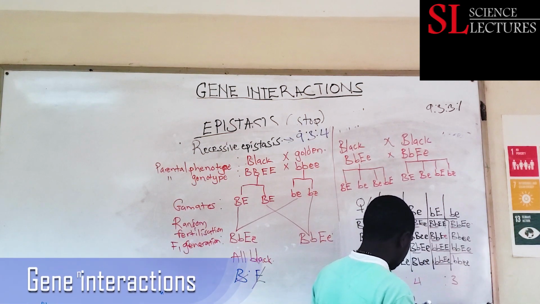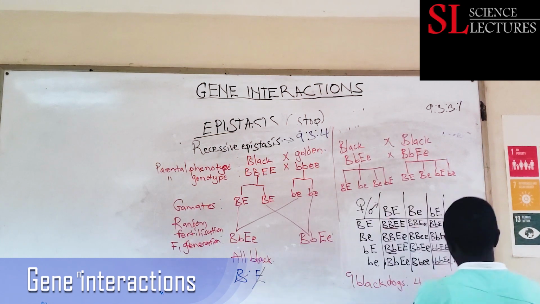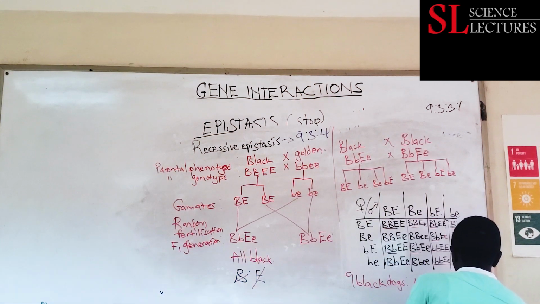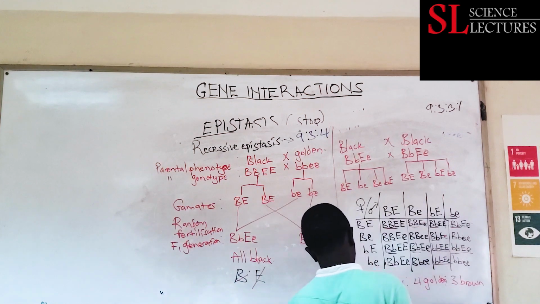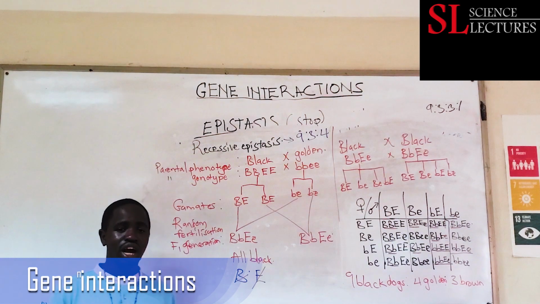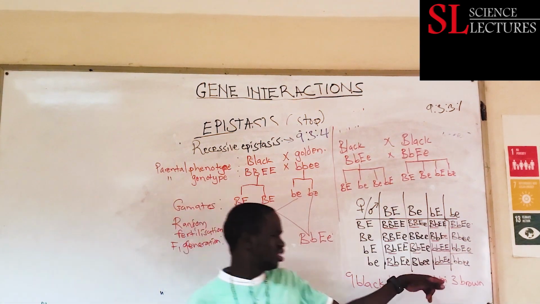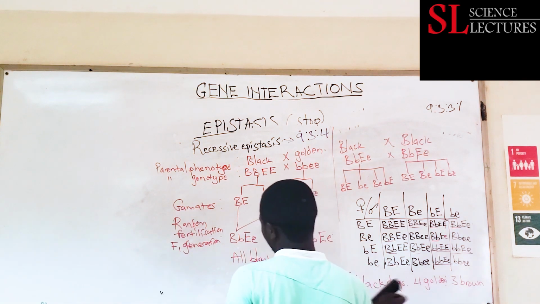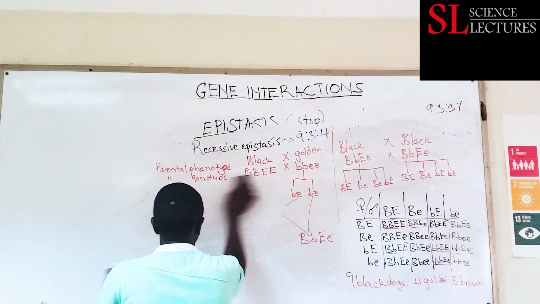So I have 3 brown dogs and 4 golden dogs. You're probably asking yourself, how did the brown come in, first of all? Then how did the golden also come to 4? Yet originally we had 1 brown dog.